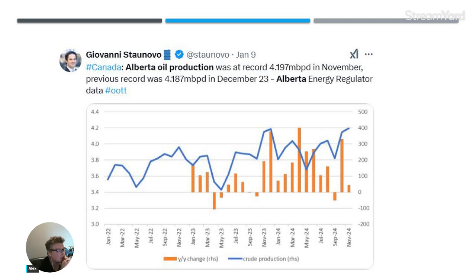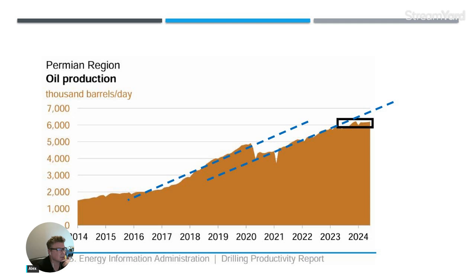Okay, this is a slide that was shared by Giovanni Staunovo on X, on Twitter. Here you can see Alberta oil production for this context. What you see in the blue line is the crude oil production in Alberta, about 4.2 million barrels a day. So let's go back and better understand that production.